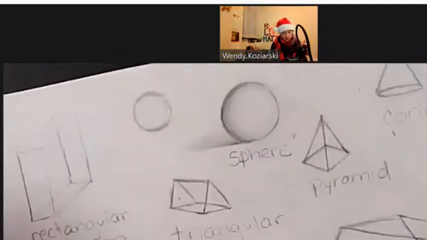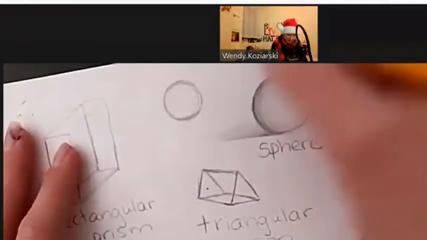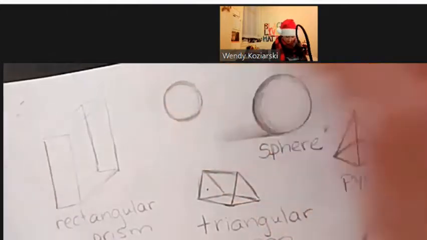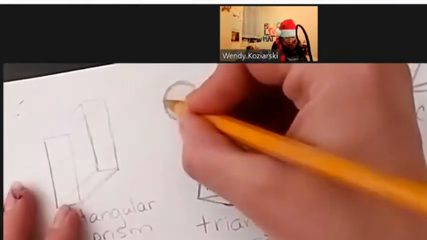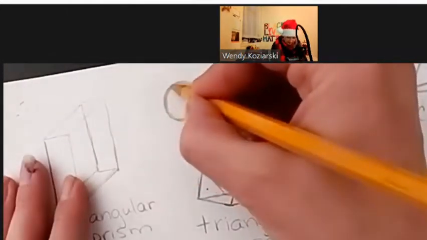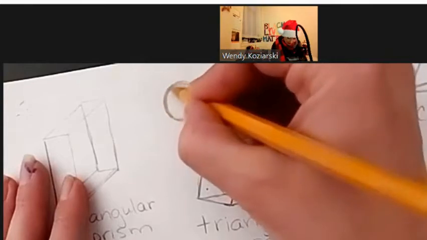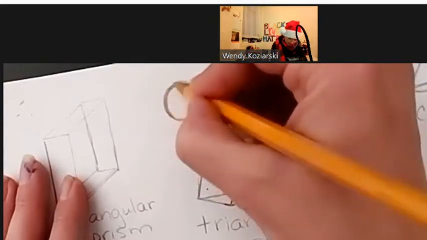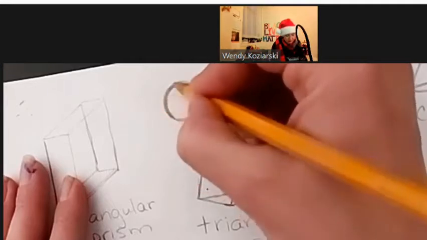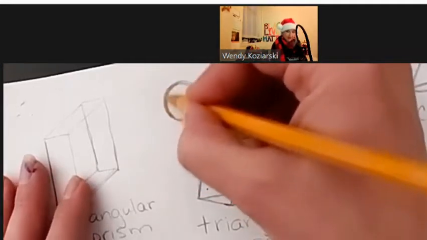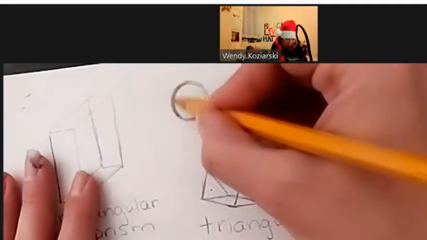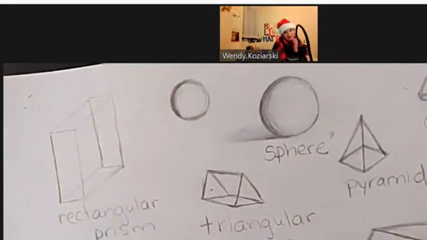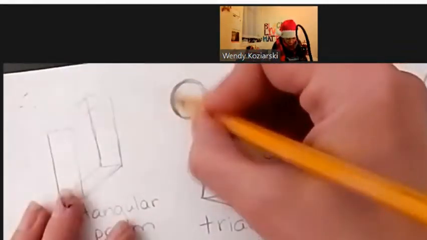All right, so I'm going to add my shadow on the left side. I'm going to come around the side with my pencil, and I'm going to make it dark on the left side. Then I'm going to come up with my pencil a little bit and not press so hard.